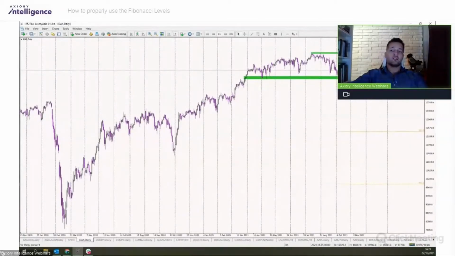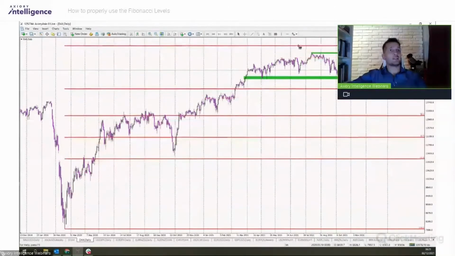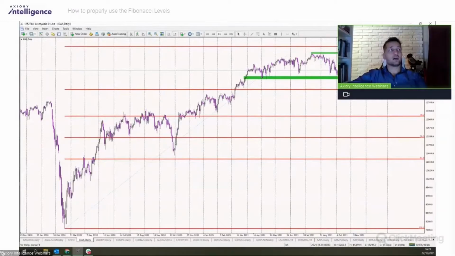This is some old Fibonacci. Here you can see that if we are witnessing now the start of a downtrend on DAX, where's the first level? The first level is not from Fibonacci, it is here, and it was reached. Another level from Fibo is here, and 38.2 is here. Will those levels be reached? We don't know. Will those levels serve as important supports?